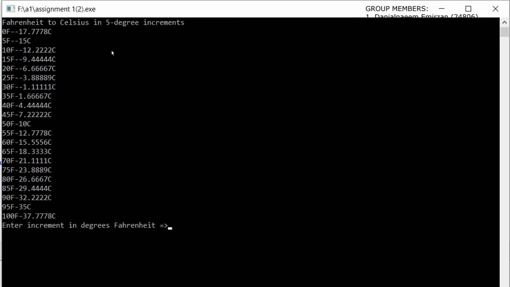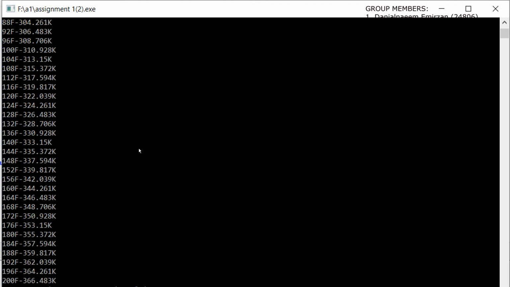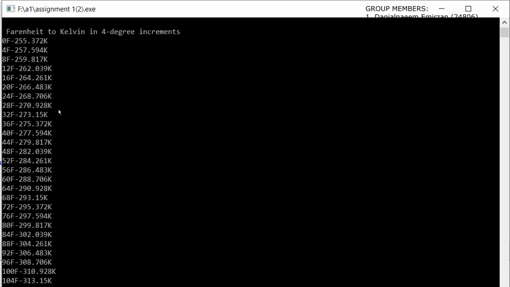So this part is showing a Fahrenheit to Celsius conversion in 5 degree increment, which is stated in question A. So for question B, we need to enter increment in degree Fahrenheit. You can choose either 4 or 5. Okay, I will choose 4.